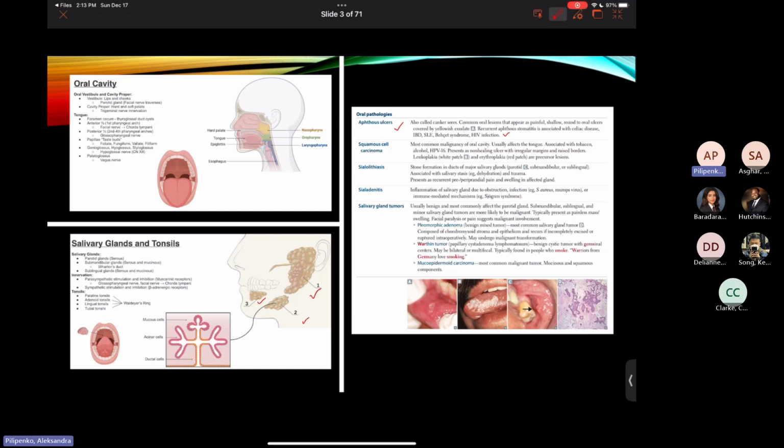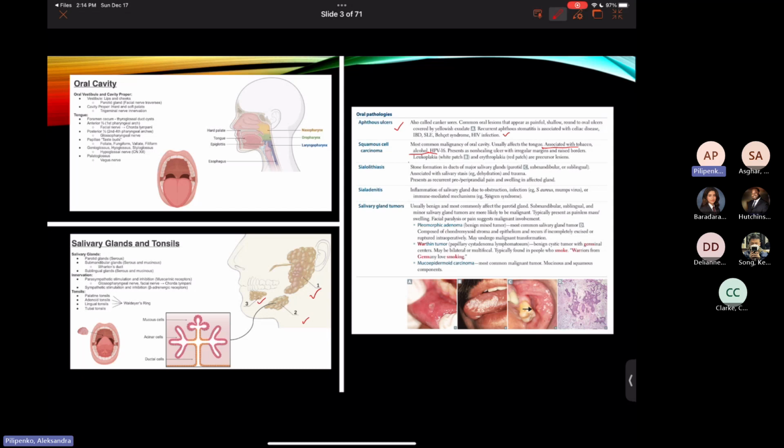Squamous cell carcinoma. Remember, cancer will be a huge thing in Med 3, right? So you will be distinguishing the histology of squamous cell carcinoma, and associations are very important: HPV-16 and tobacco smoking.